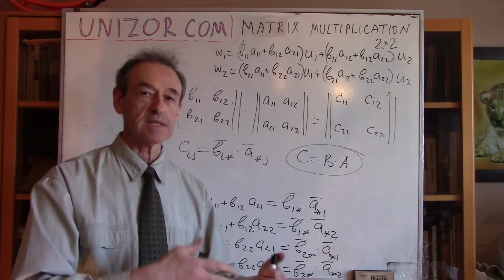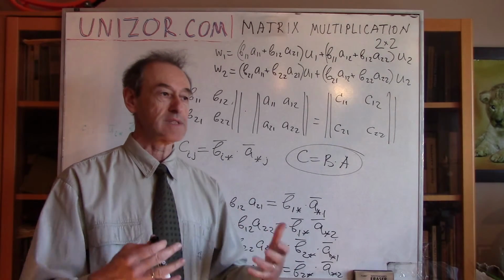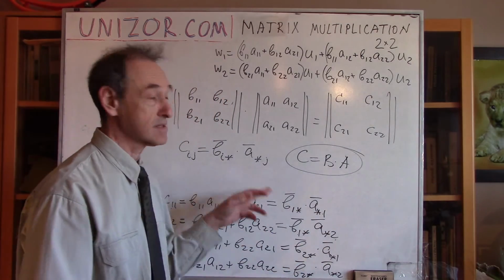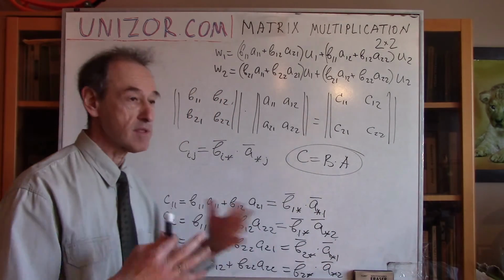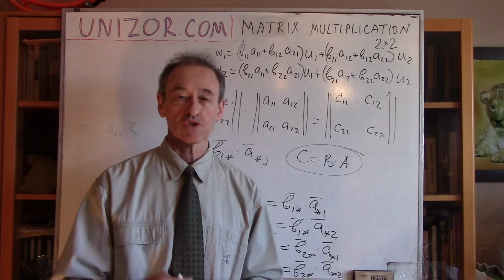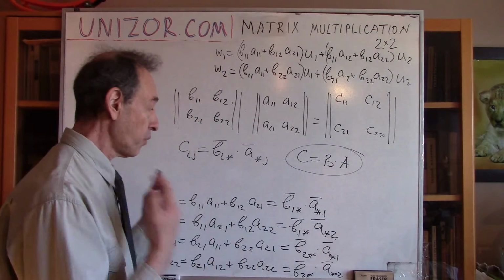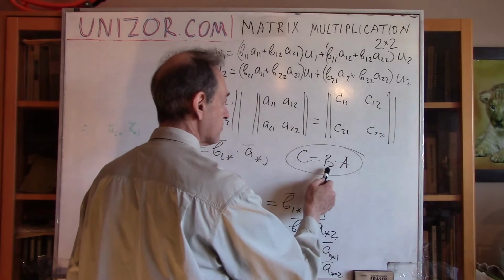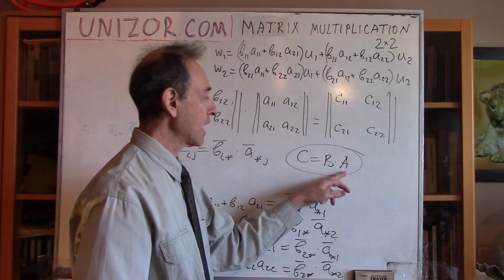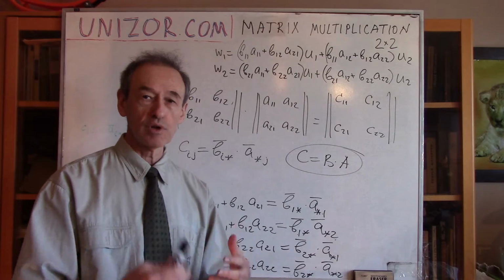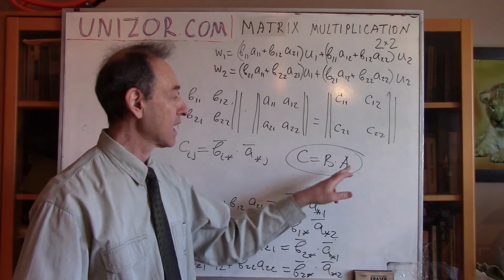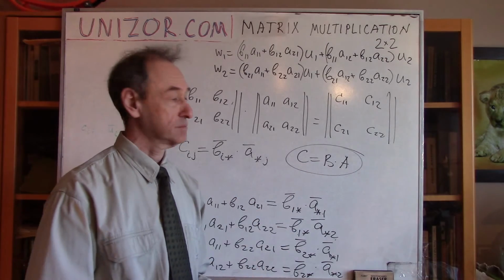And then based on this I will define, basically I will do exactly what many teachers do from the very beginning. They say, okay, this is a definition. These formulas are the definition of the multiplication, and they don't explain why. But why is very important. The reason behind this is that the multiplication of B times A should really produce exactly the same transformation as consecutive application of A and then B to the vector.